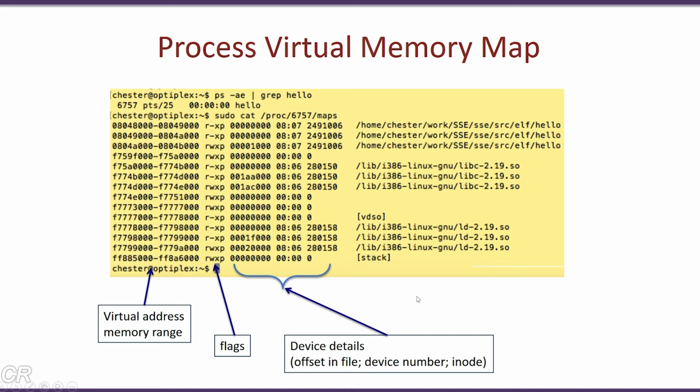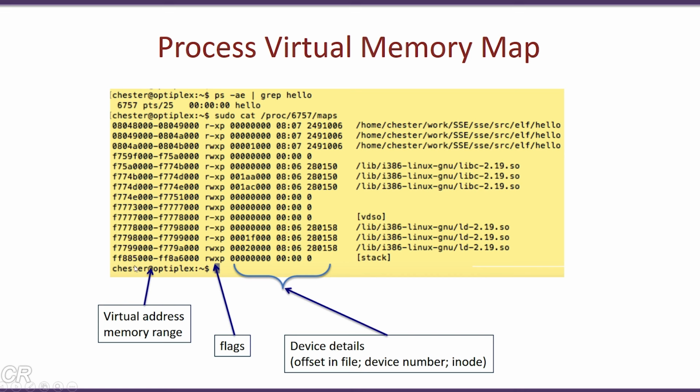So the virtual address map looks something like this. As you can see, there are various segments present, some which are present in the hello program itself, some in the libc library, while others are present in the loader library. Also present are the stack and some internal segments like the VDSO.